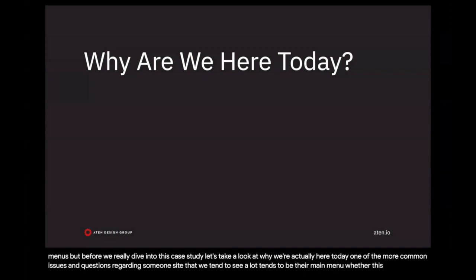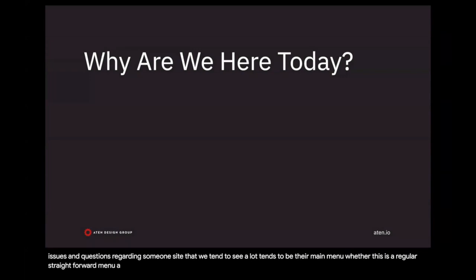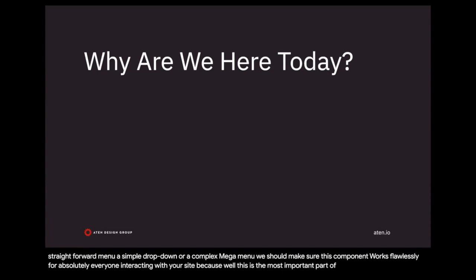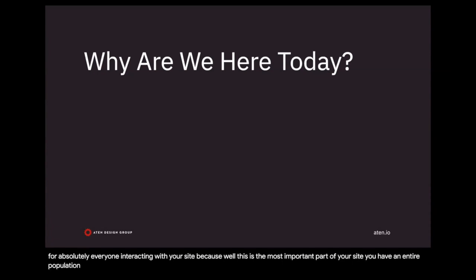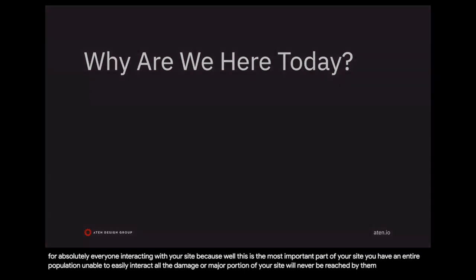Whether this is a regular straightforward menu, a simple dropdown, or a complex mega menu, we should make sure this component works flawlessly for absolutely everyone interacting with your site. Because, well, this is the most important part of your site. If you have an entire population unable to easily interact or unable to interact with your menu at all, then a major portion of your site will never be reached by them.